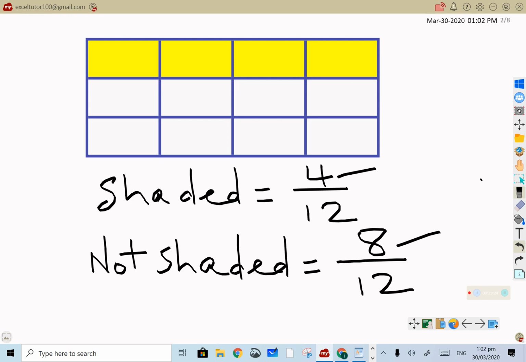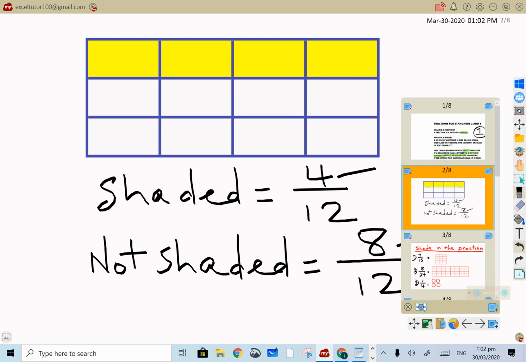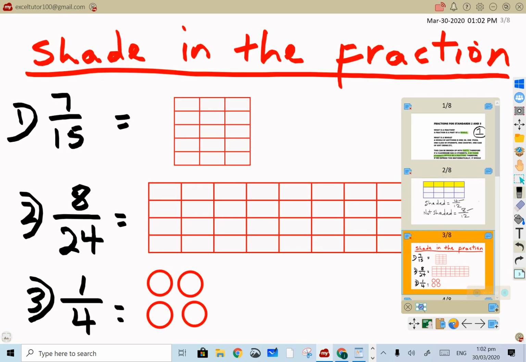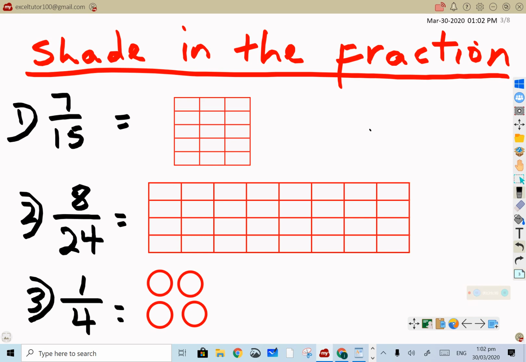Now that was a long discussion for something that some of you probably already know, but you have to be a little patient. Okay, so we have a question here where we have to actually shade. We have to shade 7 out of 15. So already established the fractions, and now we have to shade 7 parts. 1, 2, 3, 4, 5, 6, 7, and that will be our answer.